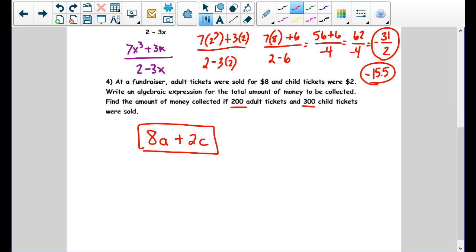Then it says, what if you sold 200 adult tickets and 300 children tickets? How much would we make? So we're going to take those values.